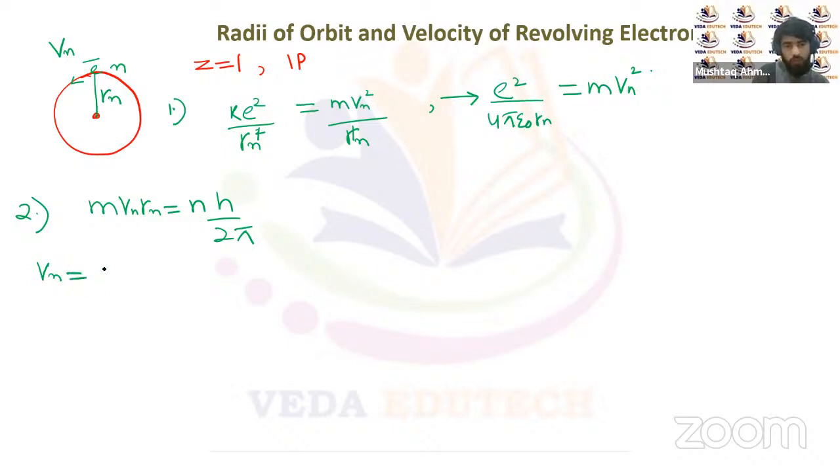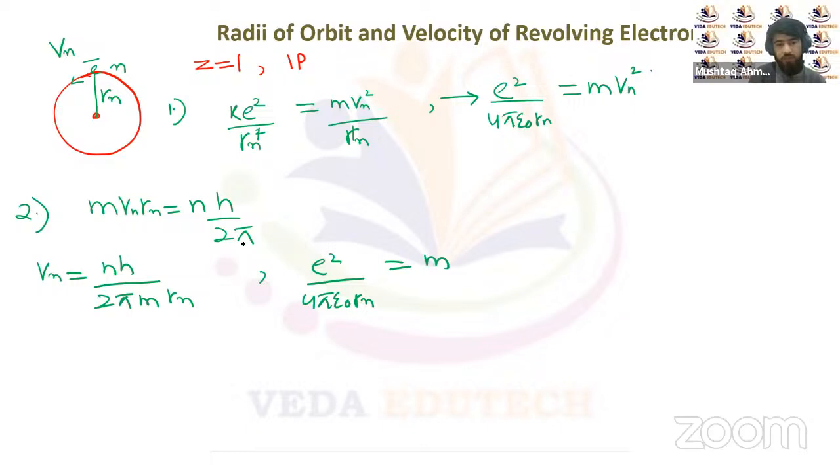So vn will be equal to nh upon 2 pi m rn. This will be the velocity vn of the electron in the nth orbit. Now we can plug in this value of velocity in this equation and we will get the value of radius. So e square upon 4 pi epsilon naught rn equals m vn square.